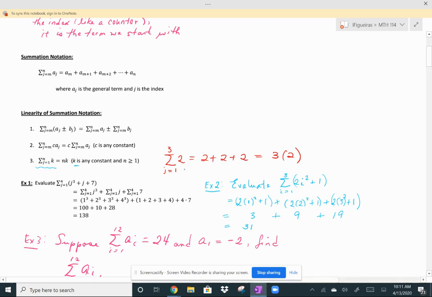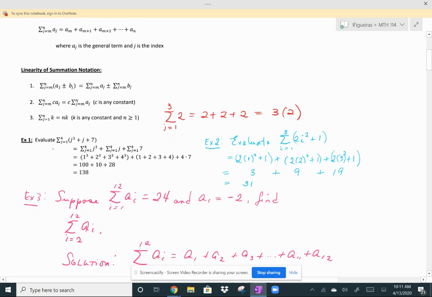So for example, if my k is 2 and my index goes from 1 to 3, that means I'm adding 2 three times. But that's the same as multiplying 3 times 2. It's just a more convenient way to get an answer to multiply 3 times 2 than to add up individual terms. All right, so let's look at a couple of examples.